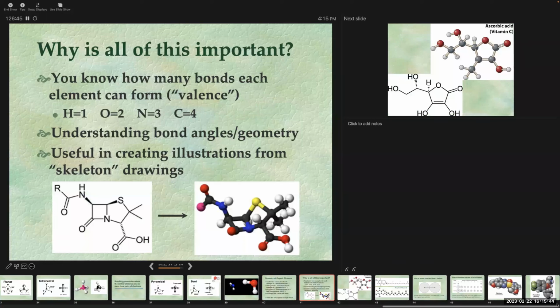So why would a lot of this be important to a medical illustrator? First of all, let me kind of start at the bottom of the slide and work my way up. What I've found in my own work is that clients will sometimes give you a little stick figure of a molecule and then expect you to be able to illustrate that accurately in 3 dimensions and with all of the correct atoms present.